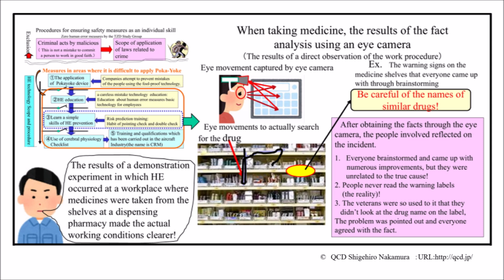In the past, this countermeasure was carried out by having veterans gather and brainstorm to come up with countermeasures, but it was shown that this type of countermeasure is not very effective. This video analysis is also effective in situations in factories where workers accidentally come into contact with energy. Therefore, this analysis method is used in the picture book as well, and specific analysis contents, application cases, and their effects are given as examples.